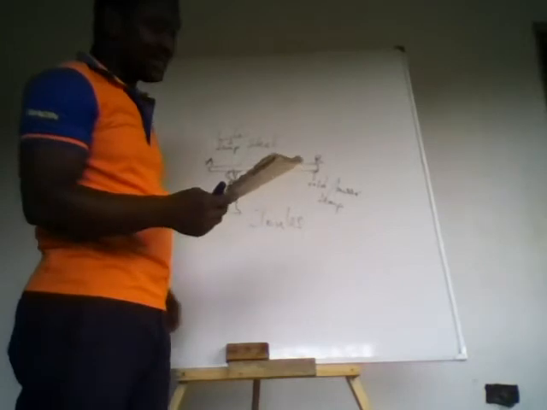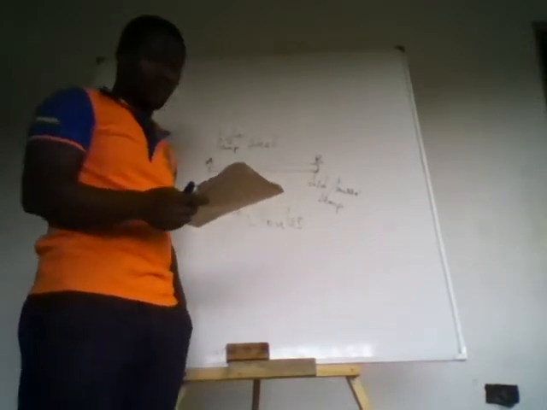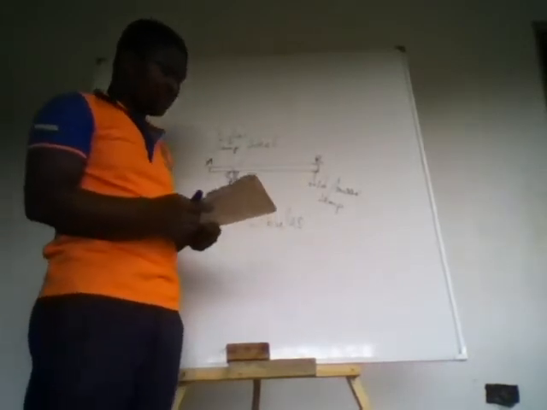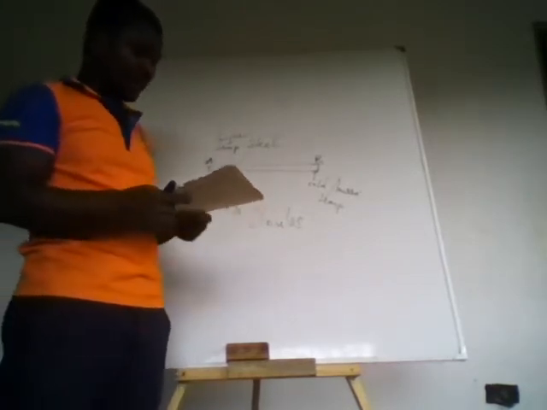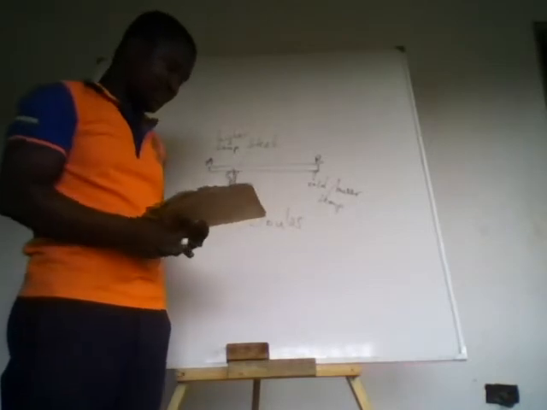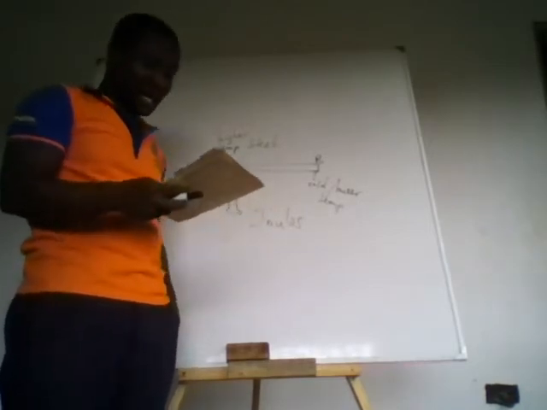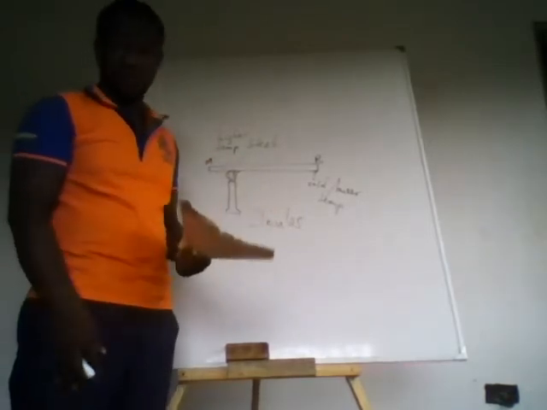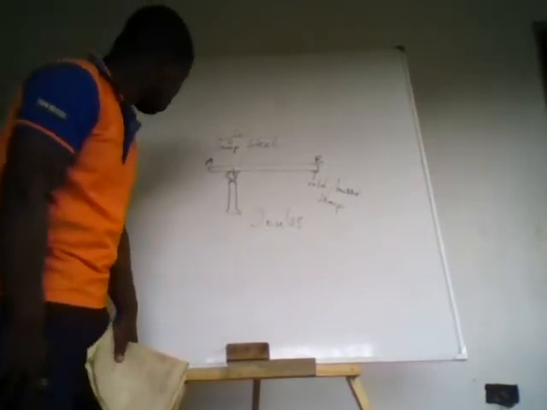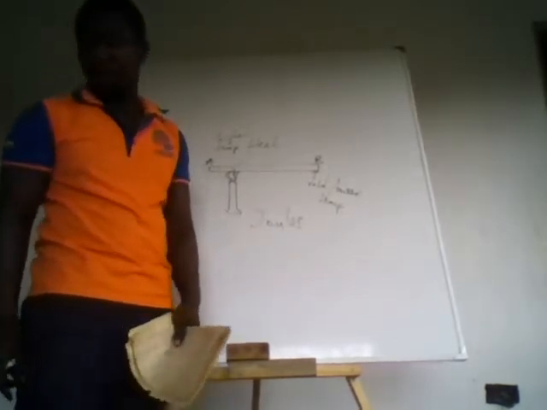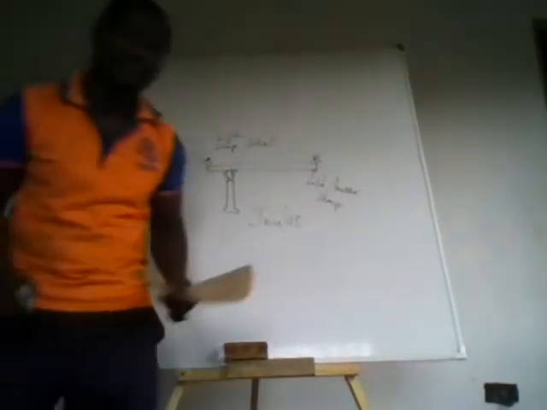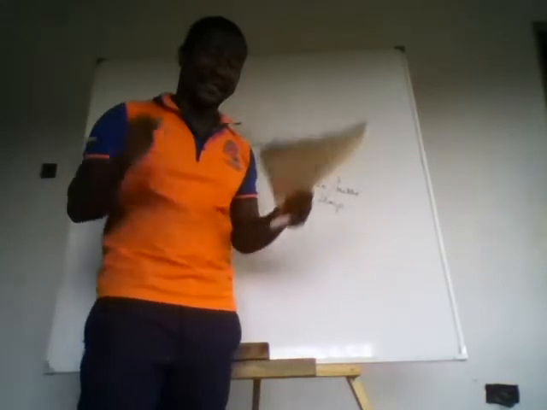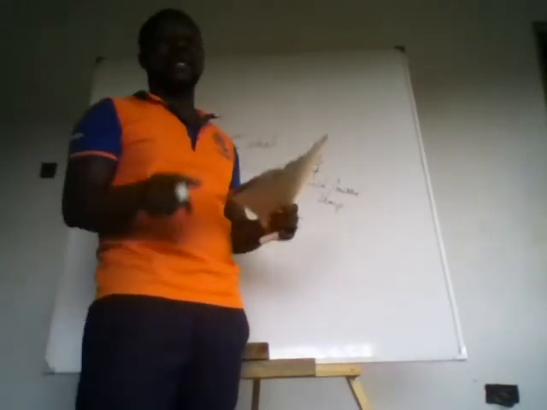Now, heat energy, we say, flows from one point to the other until we have almost the entire body or system having the same temperature. What do we mean by the entire body or system having the same temperature? What we mean is that they have a uniform temperature.